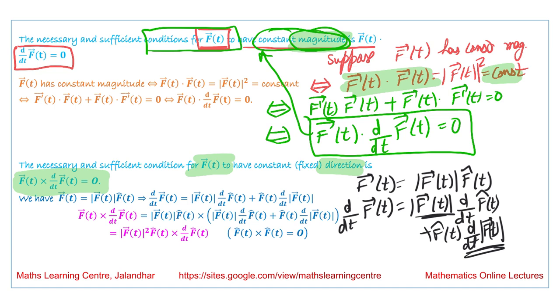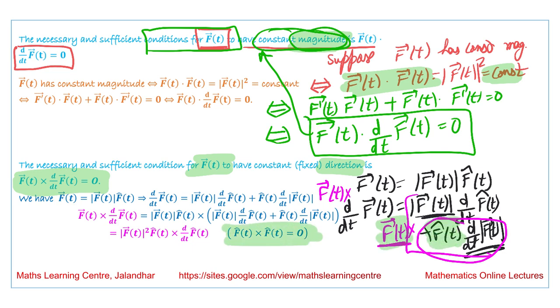Now look at this term. If we take the cross product on both sides with f vector t, then the second term will become 0, because f vector t cross f vector t is equal to 0.